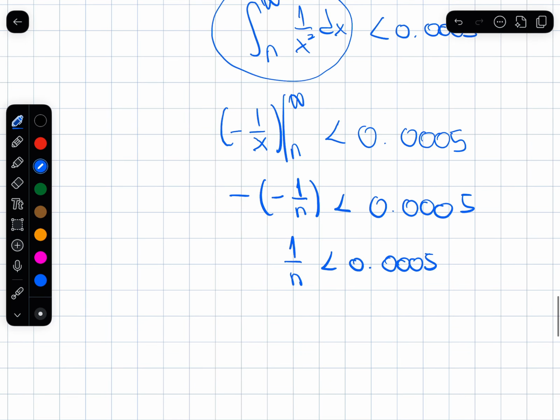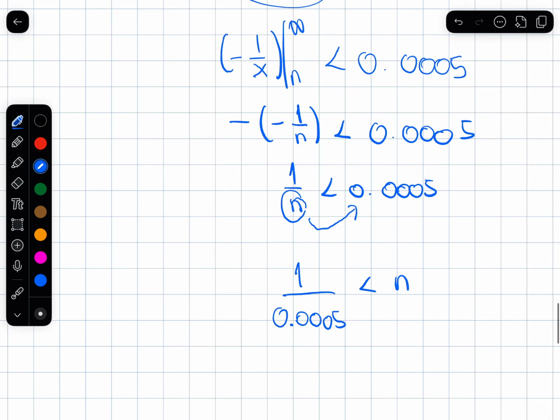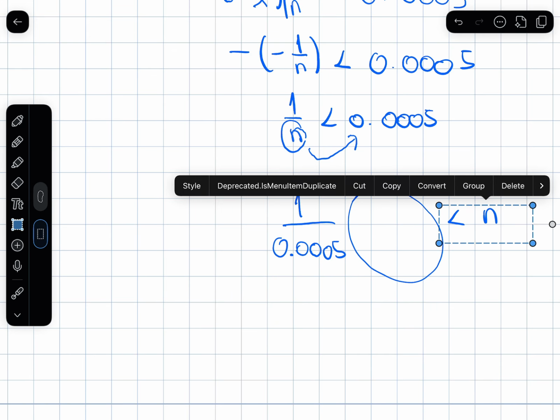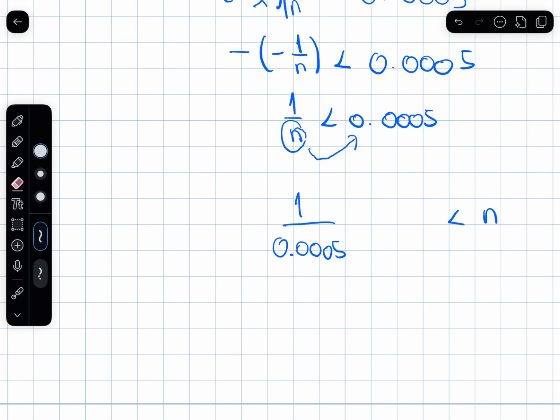And how can you make 1 over n be less than this number? You can take n, multiply over, and divide by this number on the other side. So that will then mean that we're doing, we've got to calculate this. This is not bad, okay? I know many of you won't like this, but you don't need a calculator to find this number. You can multiply first.